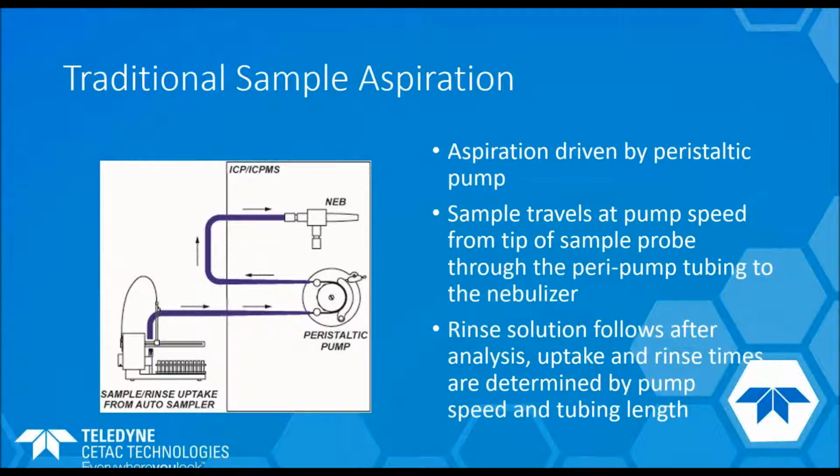That means that your uptake time is determined by your pump speed and length of tubing, and that can be a good amount of time depending on the speed and the size of your pump. Then after your analysis is complete, the sampler will go to a rinse station to pull up rinse solution, which then also has to flow through the line enough time to get it properly rinsed out. And that takes additional time.